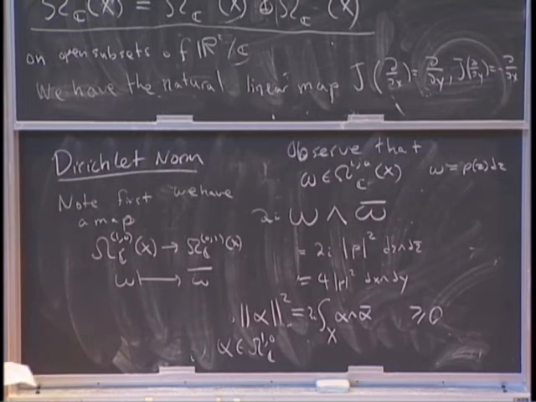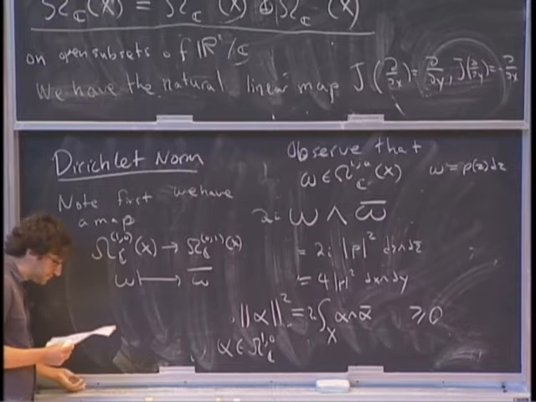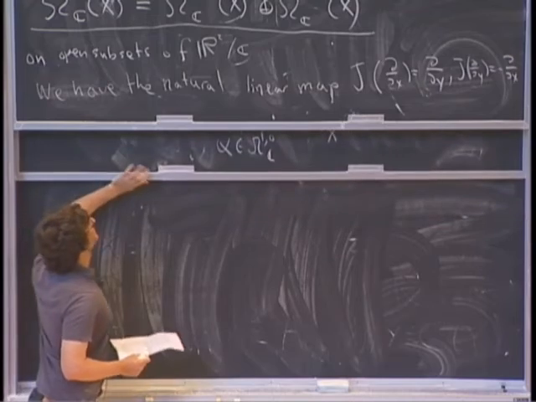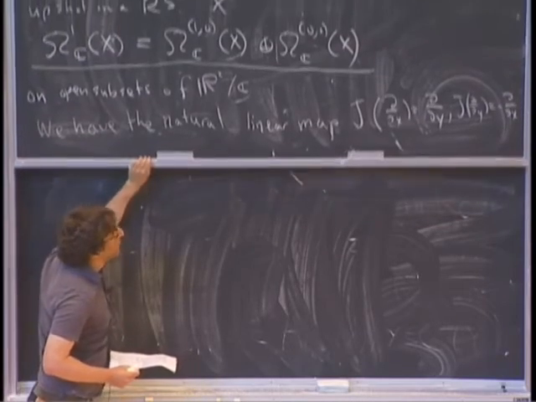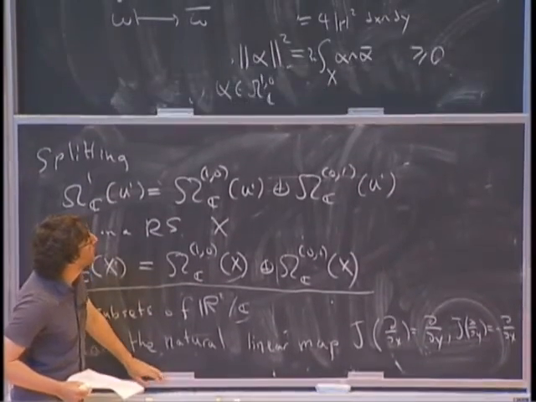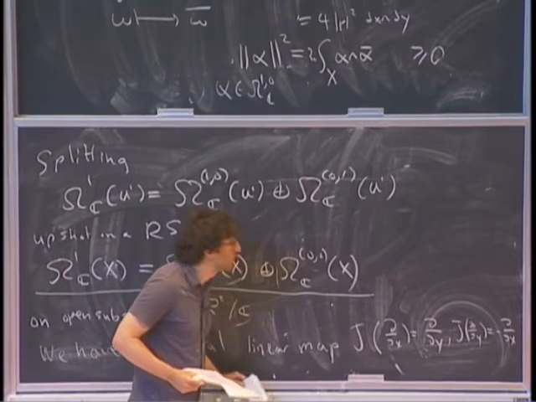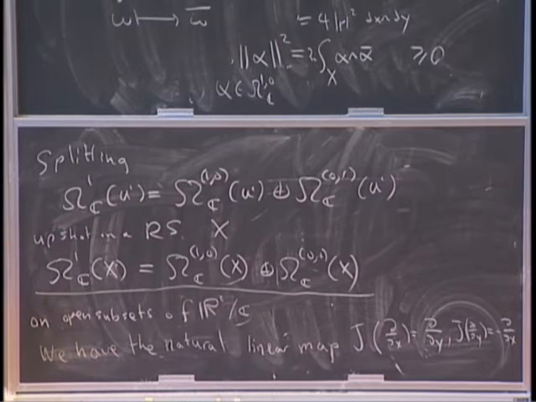Okay, so that's the norm. The point about this is that normally when you want to define a norm on a vector space, or a norm on, say, a manifold, you need to choose something like a metric, or at least a measure.